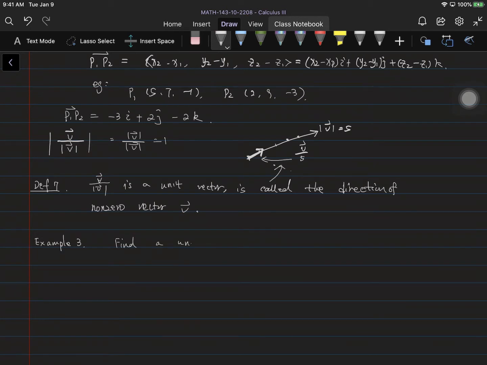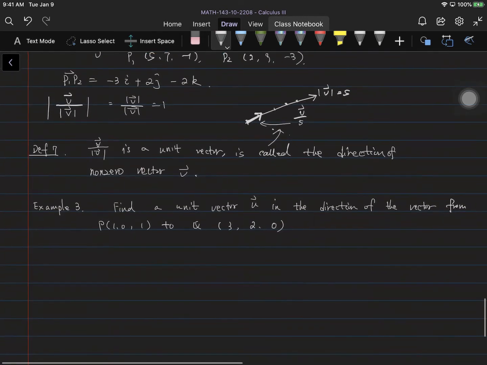So let's see, find a unit vector in the direction of the vector from P to Q. Okay, so we are looking for a unit vector.